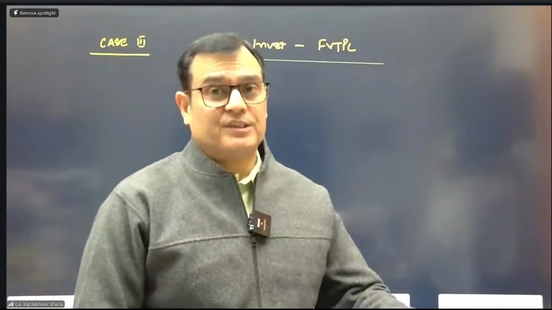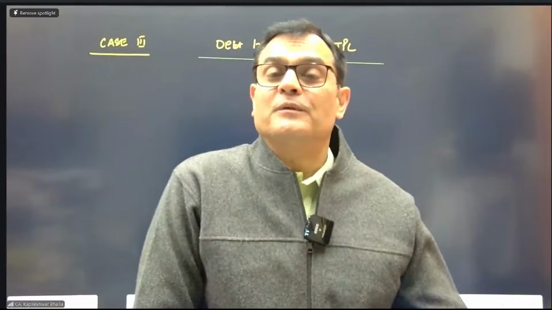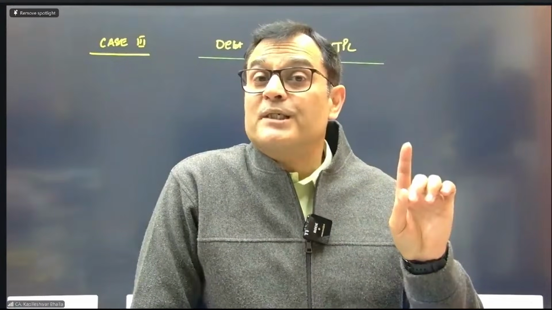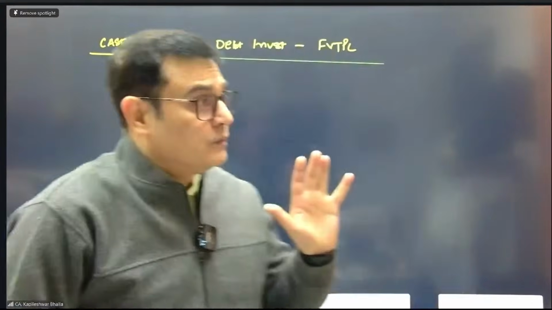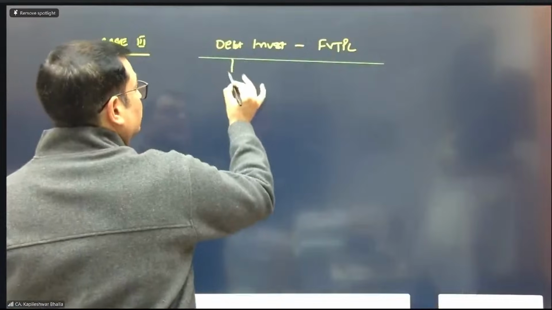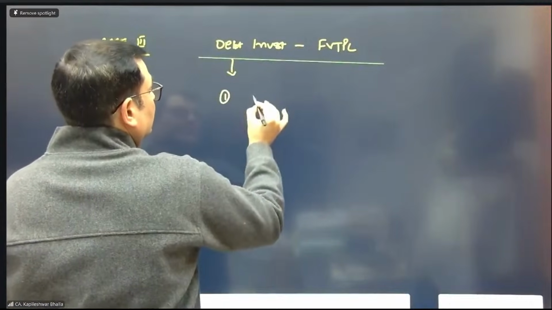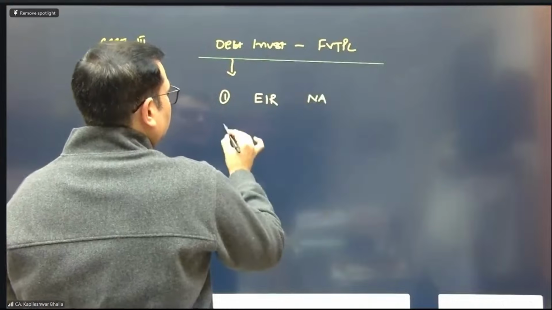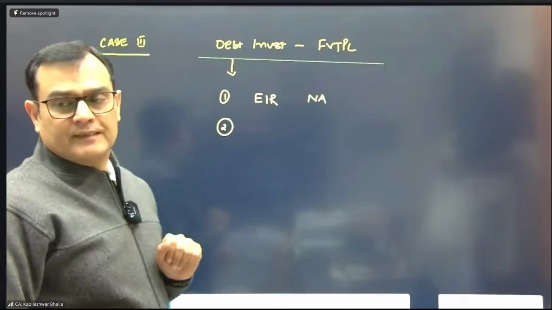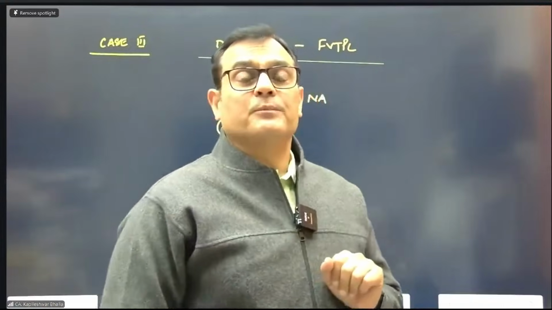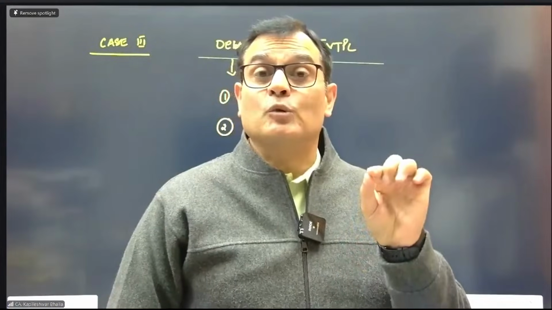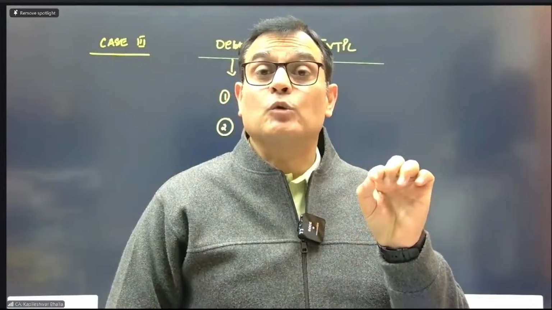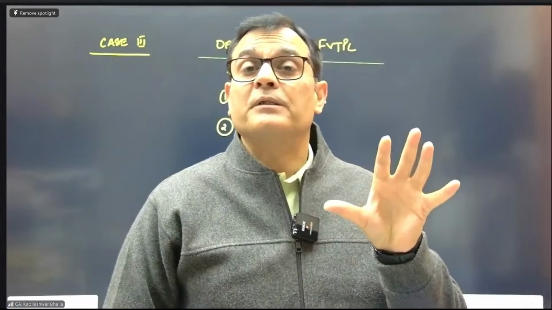Now, a few changes to be incorporated at this stage. No concept of EIR. There are 2 important things to be kept in mind. The first is that the concept of effective interest rate is not applicable. As I said already, the concept of EIR applies to AC, applies to OCI, but not to FVTPL.